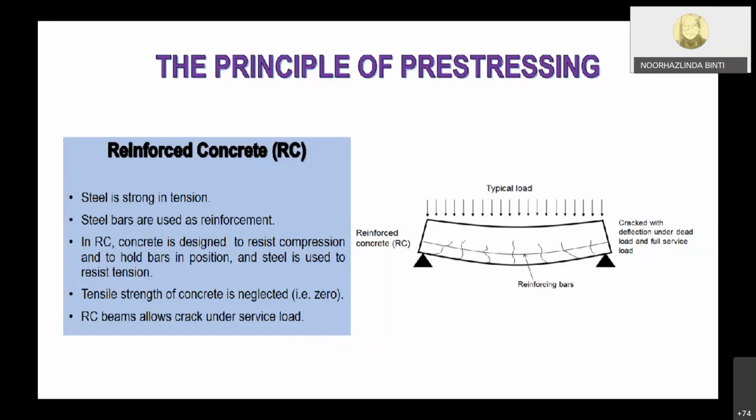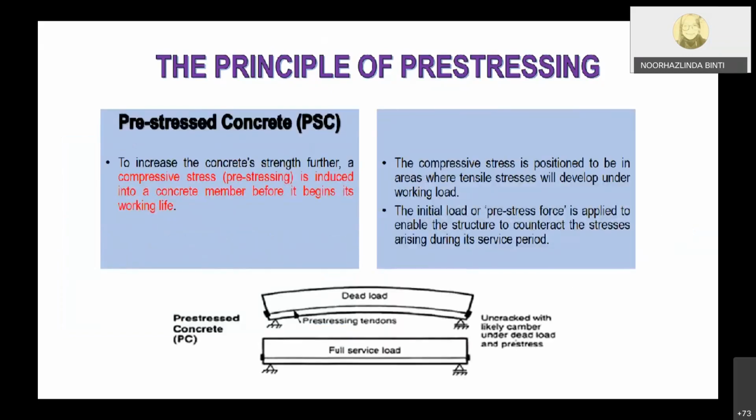So to overcome the RC problem, that's where prestressed concrete comes in. That's how this prestressed concrete was developed, or invented, during the previous years, 1830s or 20s last time. So to increase the concrete strength further, compressive stress is induced into the concrete member before it begins its working life. That's prestressed concrete.